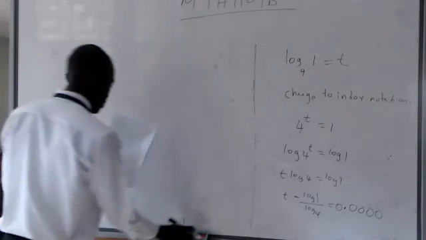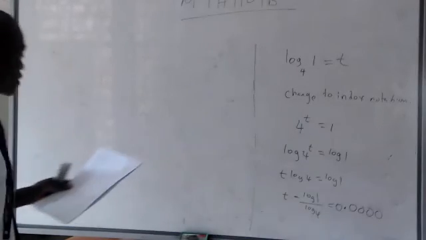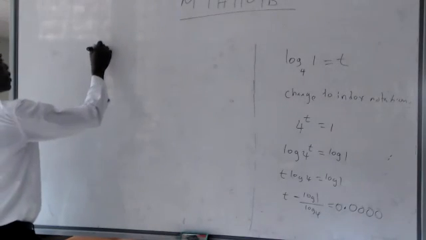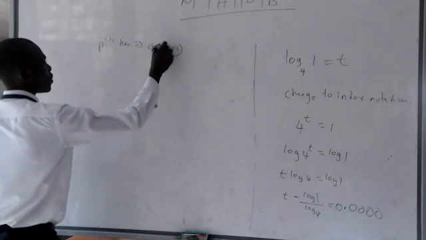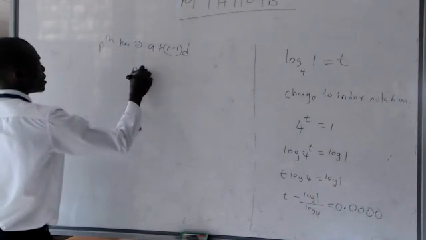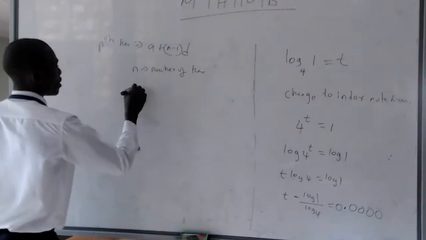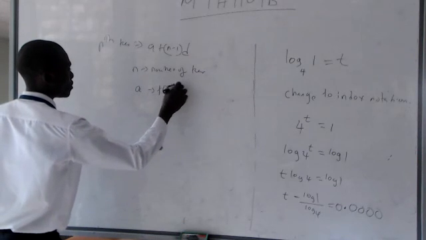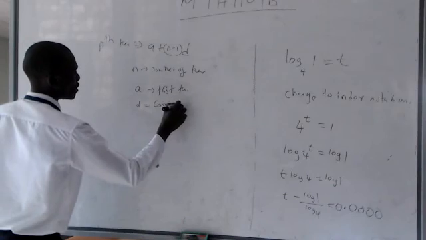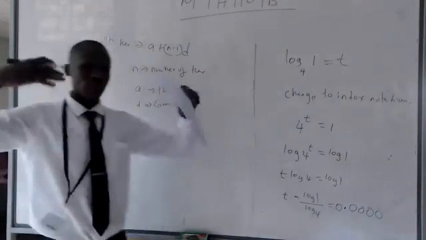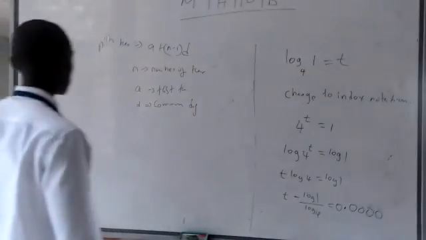Last but not least, determine the 10th term in an AP whose third term is 6 and 8th term is 16. Well, we all know the nth term is given by a plus (n minus 1)d, where n is the number of terms, a is the first term, d is the common difference, the successive difference between any two terms as we keep going in the sequence.